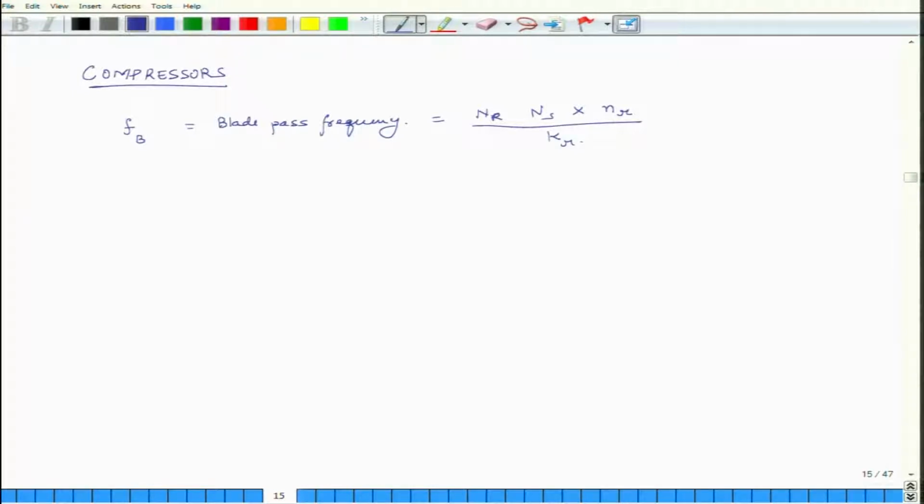First we will define what these terms are.